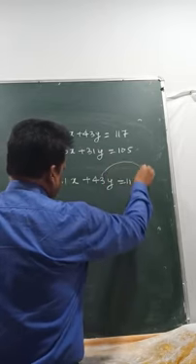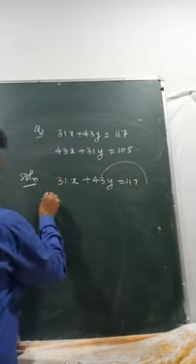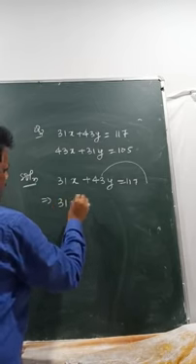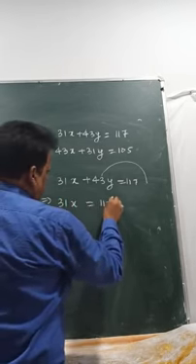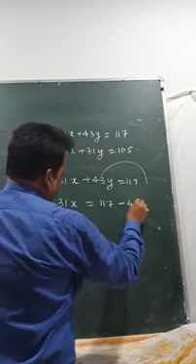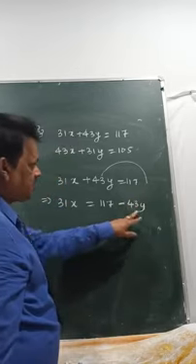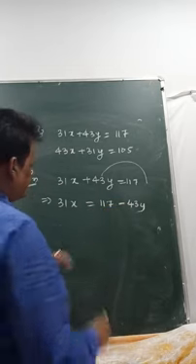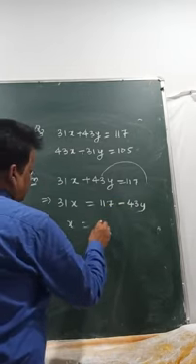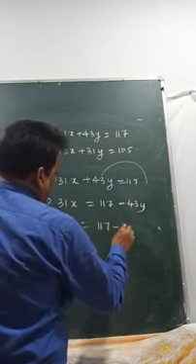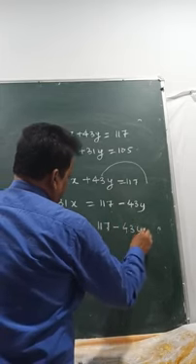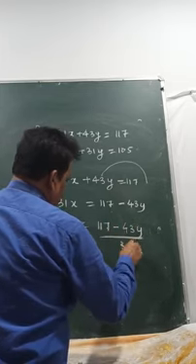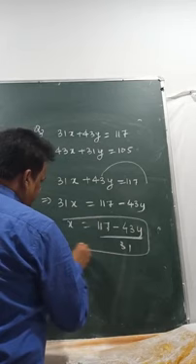First I take this term to this side. Implies 31x is 117 minus 43y. Don't make a mistake of subtraction because these two are unlike terms. It remains like this. So x equals to 117 minus 43y divided by 31. Let's keep it like this.